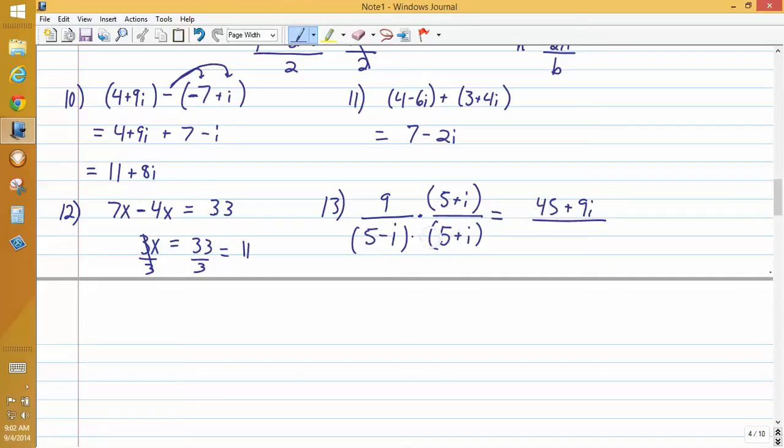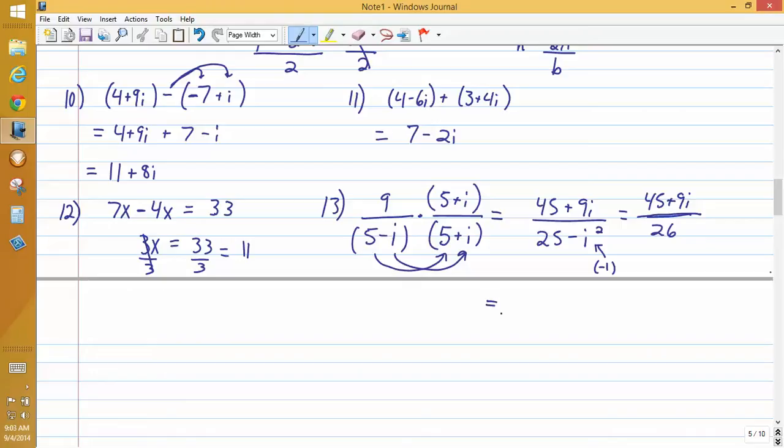Remember, when you multiply conjugates, you don't have to FOIL it all the way out. You can just multiply the first terms and the last terms. So that'll be 25 minus i squared. And now where you have an i squared, plug in a negative 1. So it's going to be 25 minus negative 1, or 25 plus 1, which is 26. So I have 45 plus 9i over 26.